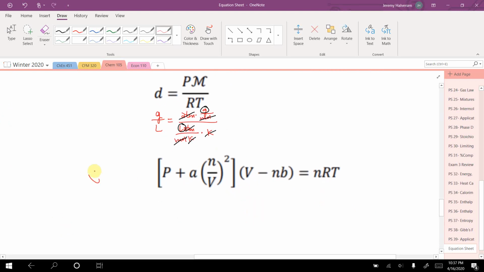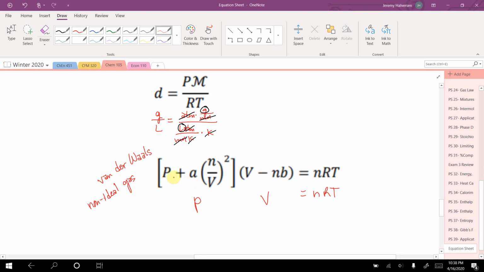This is van der Waals equation, which is for non-ideal gas calculations. You can see this kind of has the form of PV equals nRT. So that's PV equals nRT, that's the ideal gas law. But now we're saying, well, maybe the pressure isn't exactly what you would expect it to be.